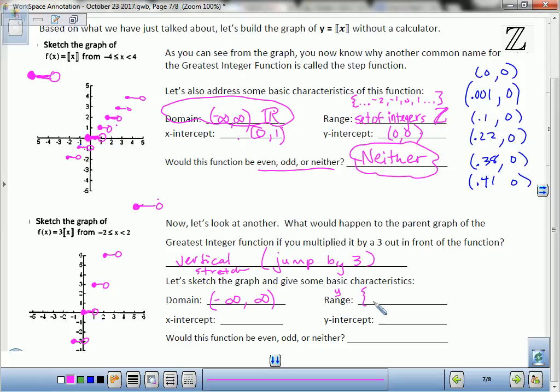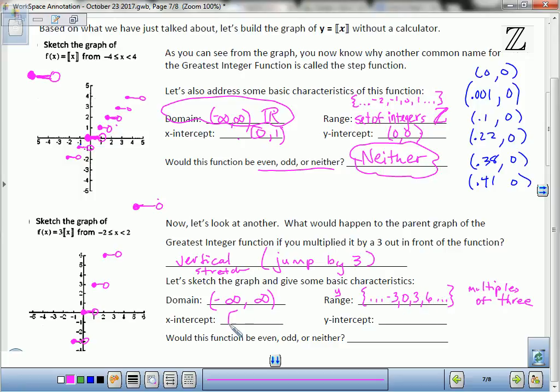So I could describe it dot, dot, dot, negative 3, 0, positive 3, 6, dot, dot, dot. Now, in this particular case, I could describe it with words. I don't have to, but I could. This is multiples of 3. Sometimes it's difficult to describe in words. So being able to write the pattern is much easier.